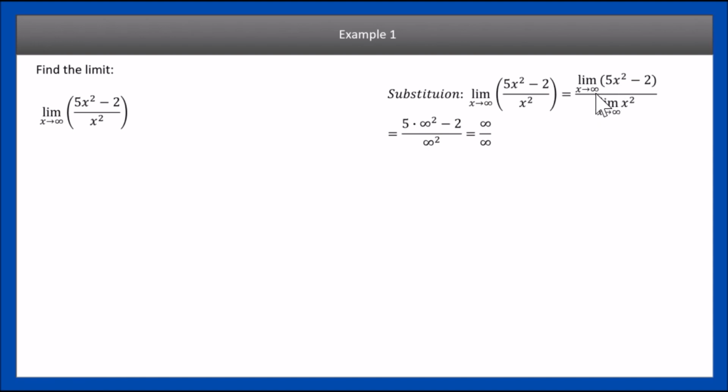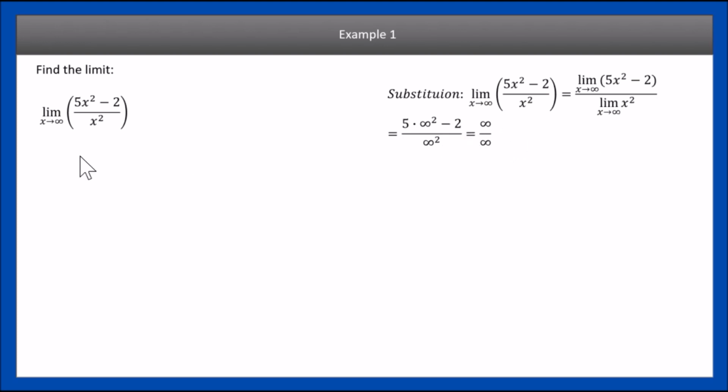If we input infinity for x, infinity to the second power is infinity, 5 times infinity is infinity, and infinity minus a constant is infinity. So we get infinity over infinity, which we mentioned was an indeterminate form. Therefore, we have to use a technique.